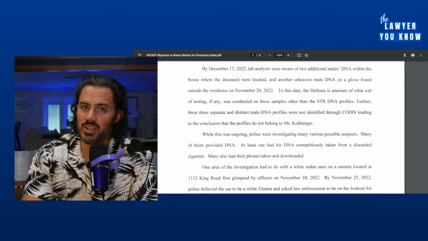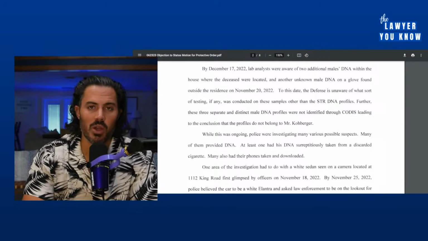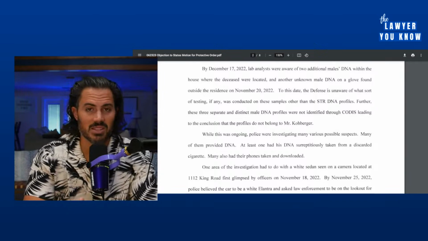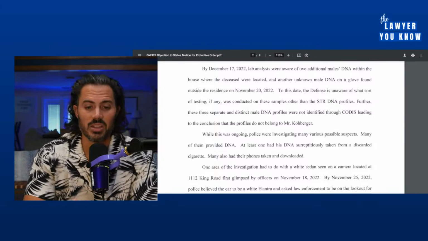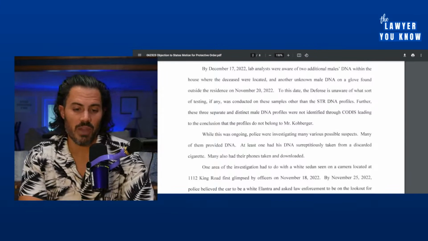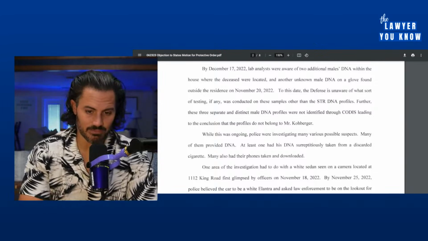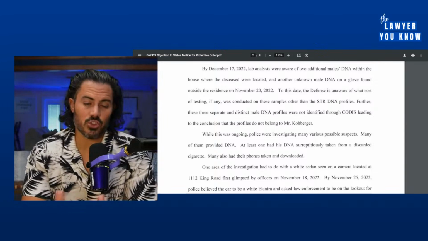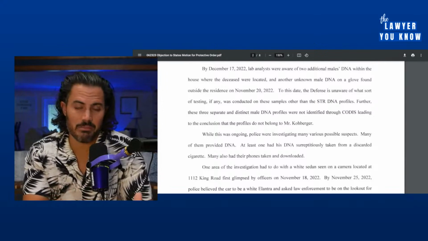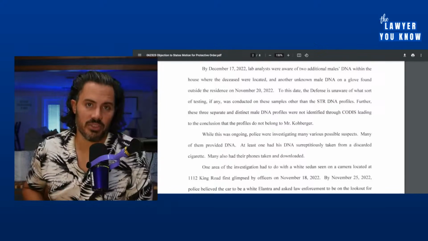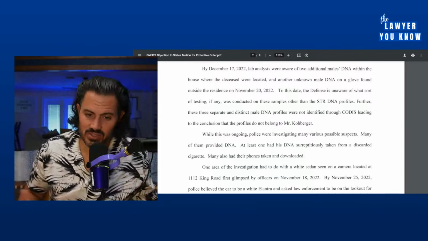Now, if you found a glove in Florida, I don't care what month, that would be weird. And maybe that's somebody breaking in, and maybe that's somebody doing something to hide their fingerprints. But in November in Idaho, my guess is a lot of people wear gloves. So that's 2 or 3 additional male DNAs in the mix here, right? Which again could be absolutely nothing, but we got to get that answer.